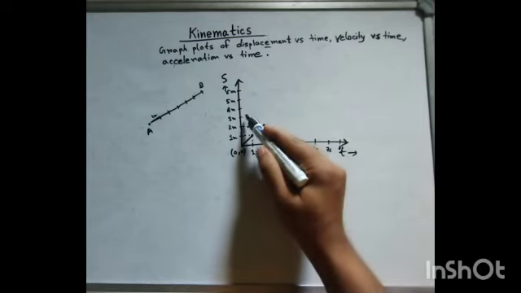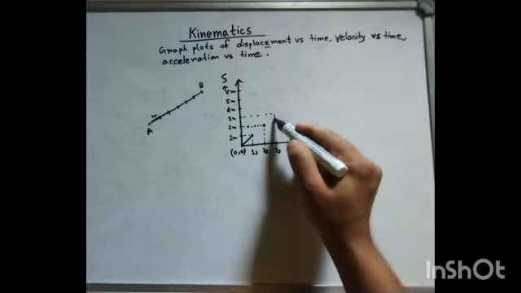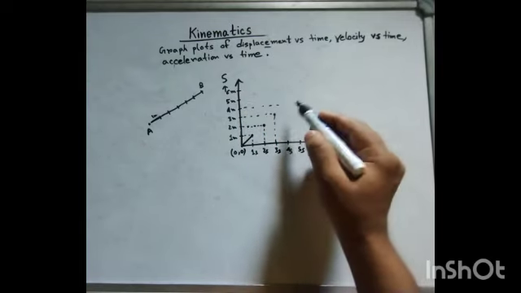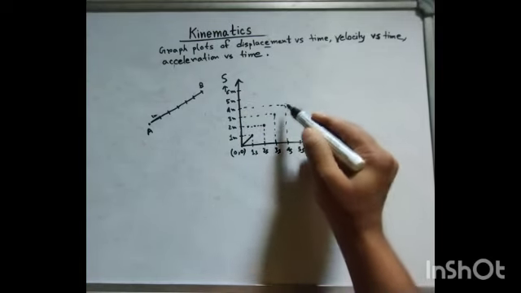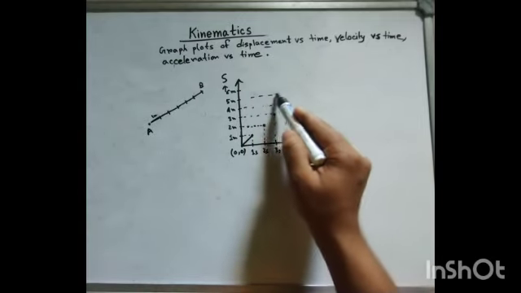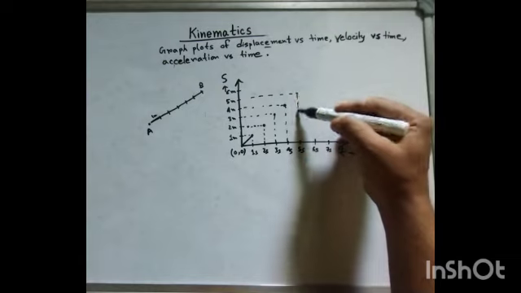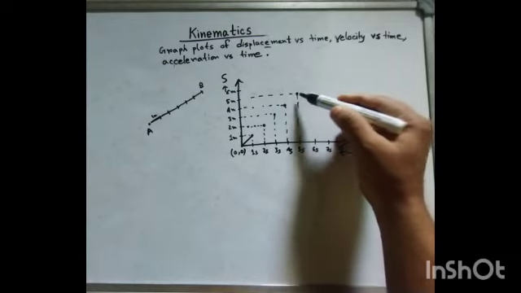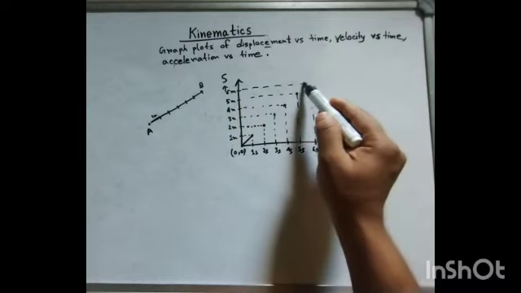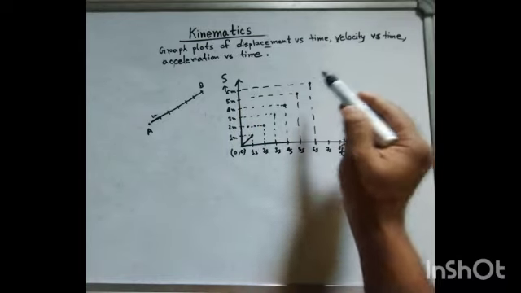After 3 seconds I will reach 3 meters. Similarly, after 4 seconds I will reach 4 meters. After 5 seconds my displacement is 5 meters. After 6 seconds my displacement is 6 meters.